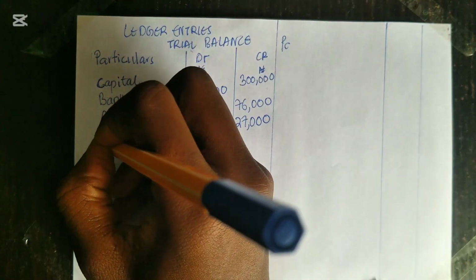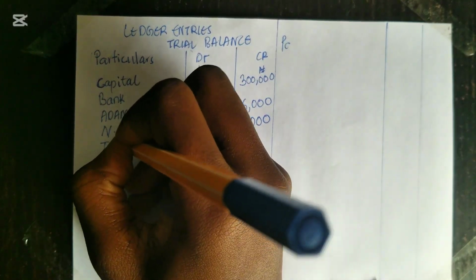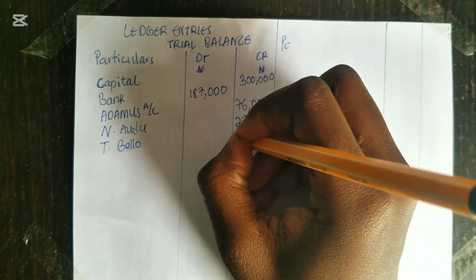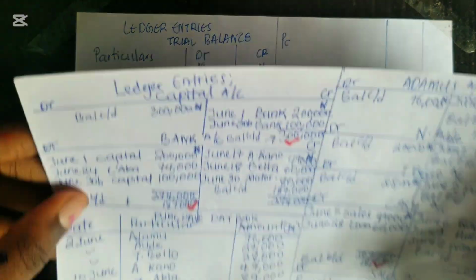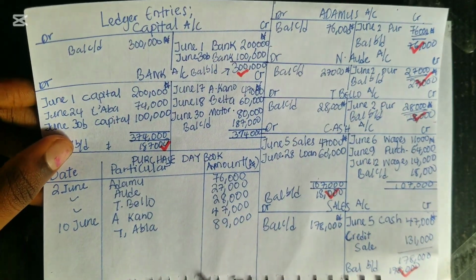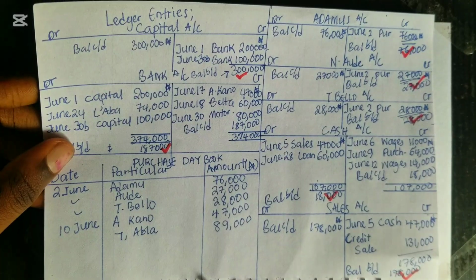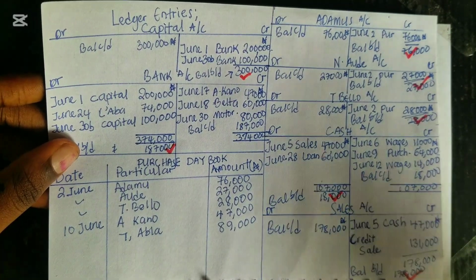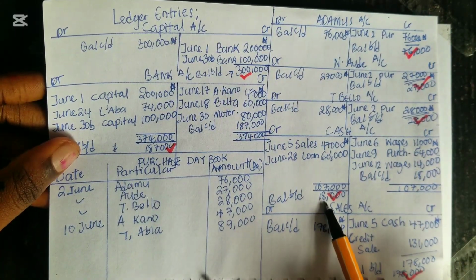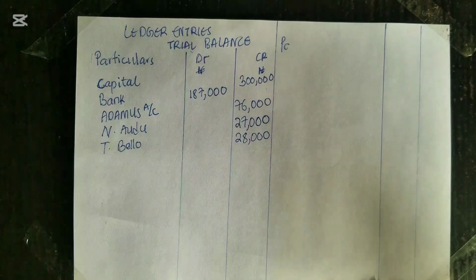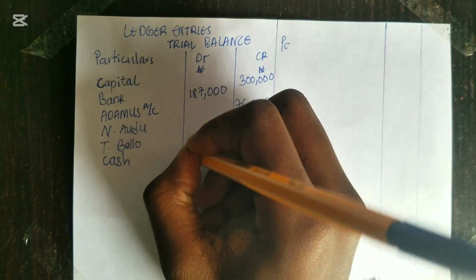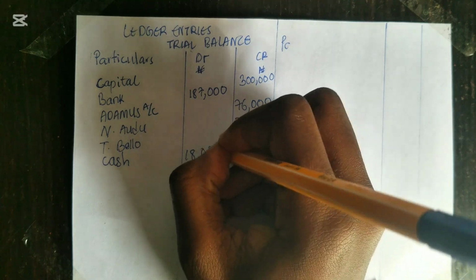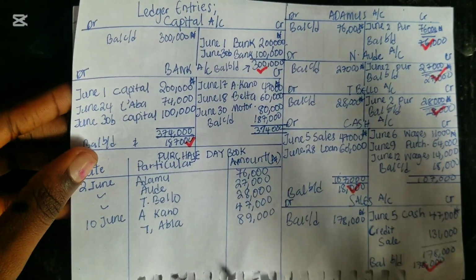So write T-Bello on the credit side, 28,000 naira. So after T-Bello is what? We have cash. Cash is how much? The balance brought down is what? 18,000 on the debit side. So write cash on the debit side, we have 18,000 naira.